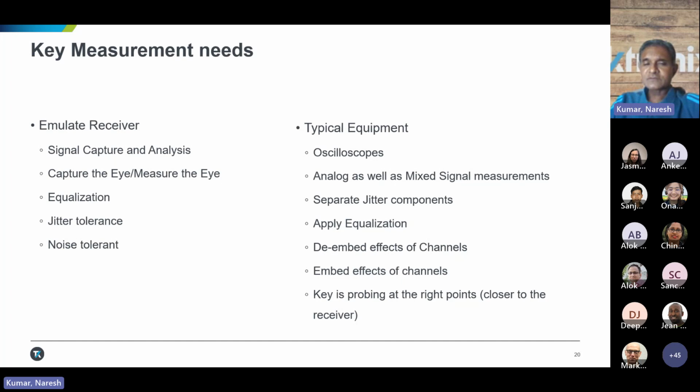The last point is also about being able to probe at the right points, which brings us to the other important measurement component, which is probes. How are we probing the signal? How are we capturing the signal? Are we using the right methods to get the signal to the receiver? Okay.